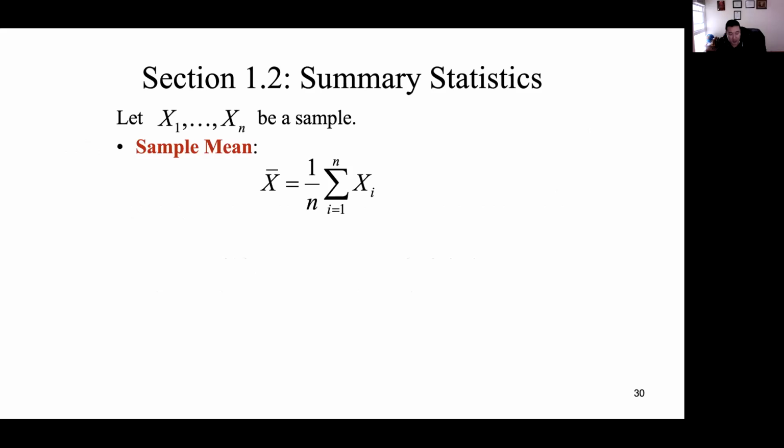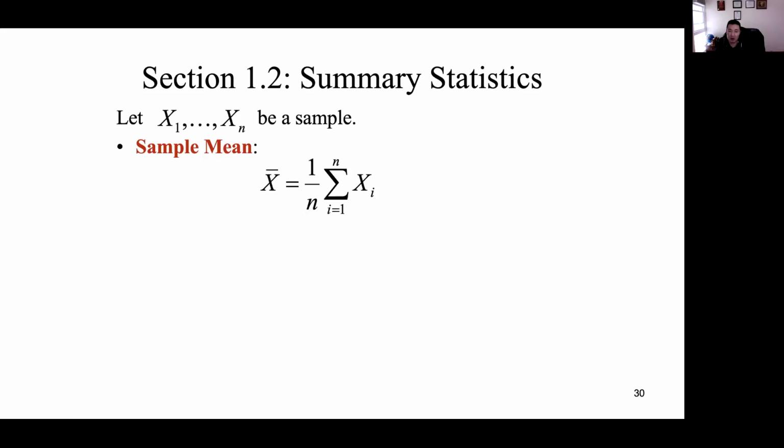Section 1.2 gives some examples of simple summary statistics, such as the sample mean. Everybody knows that already. For the sample mean, we take a sample of size n. For example, we have 10 concrete blocks. The sample mean is simply calculated by adding all the sample item values together and dividing by the sample size n.